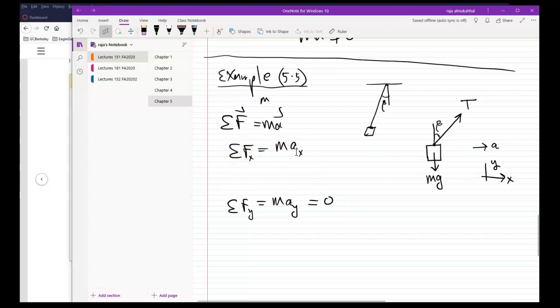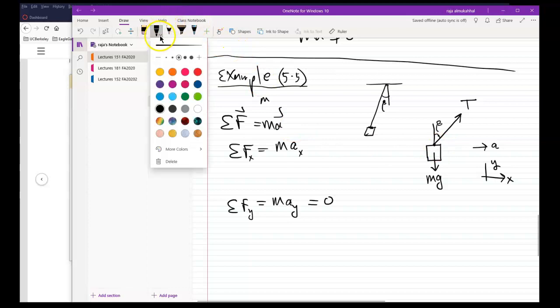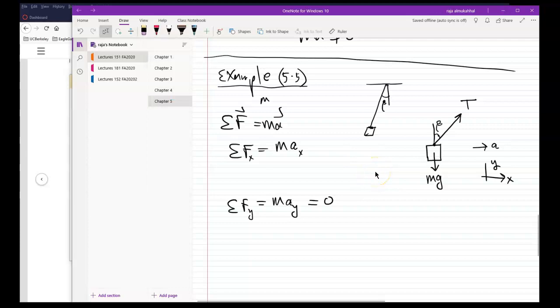All right. Now, before I plug in my variables, I want to resolve the tension because it is not along the y and it's not along the x. I'm going to resolve it. So again, let me use a different color. In this case, I have T sine beta, right?